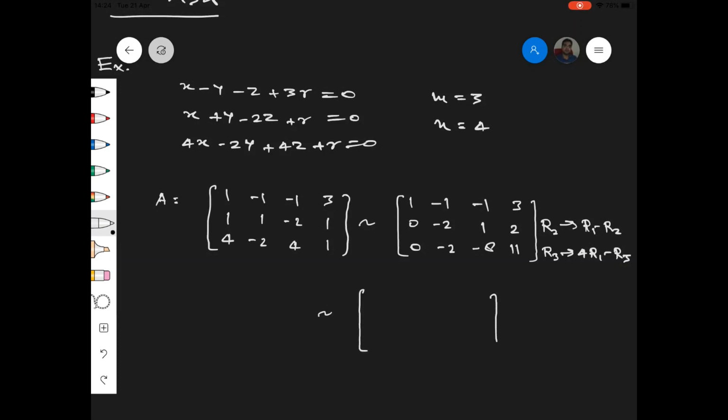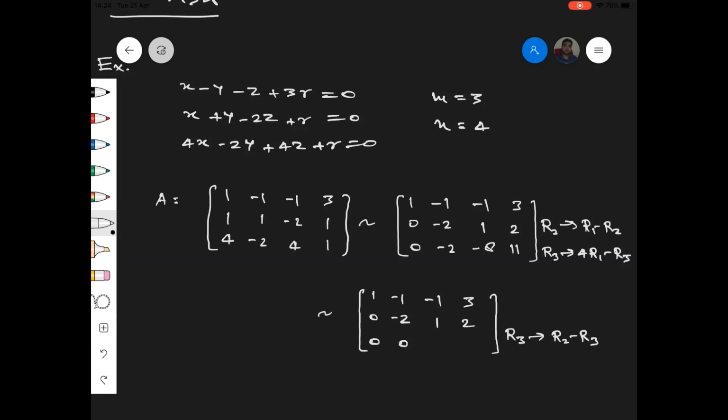We'll go for one more round of fundamental row operations. 1 minus 1 minus 1 3 0 minus 2 1 2, and for R3 we can simply choose the row operation R2 minus R3.